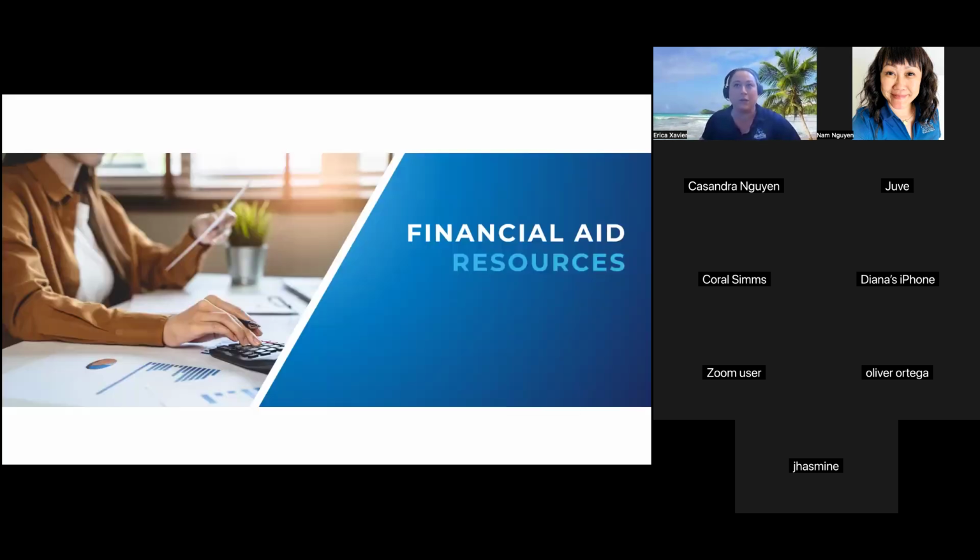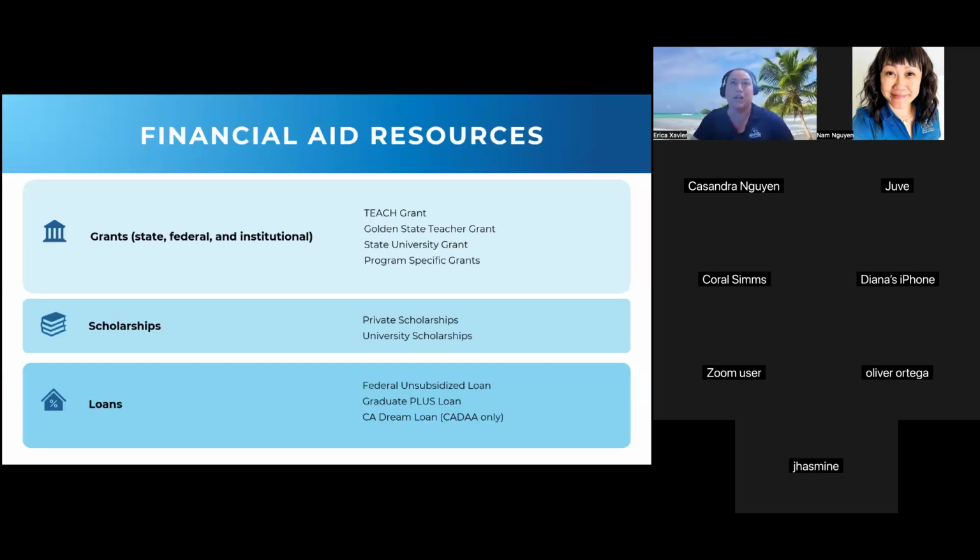I know that resources was a very hot topic on the registration form, so we want to make sure to touch on the resources that we have for you. The typical types of financial aid programs are grants, scholarships, and loans. Depending on the program that you're in depends on your financial aid eligibility.